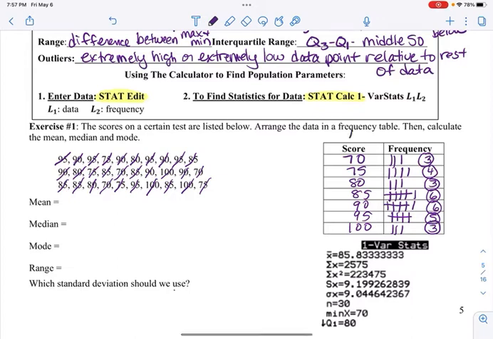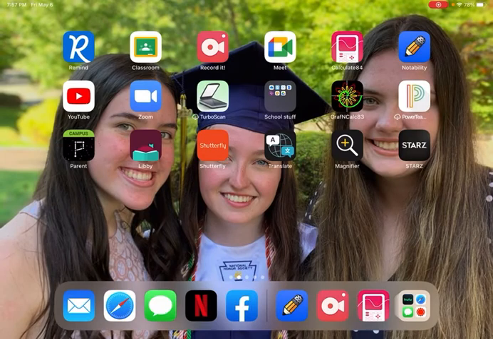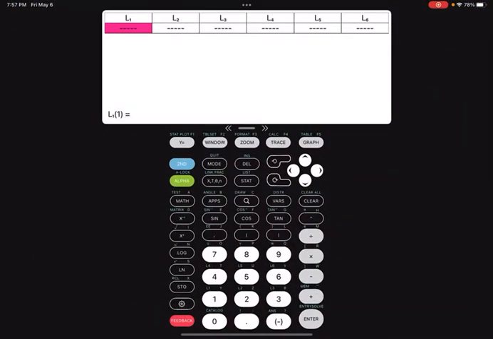So this is going to be my L1, this is going to be my L2, and I actually already have the answers from my calculator right here, but let me show you how you put them in. Let me get my calculator. Let me start from the beginning.